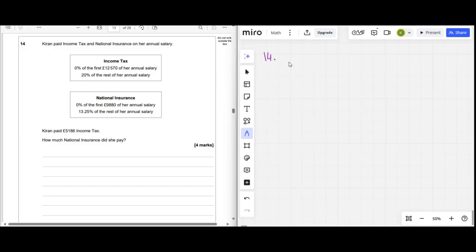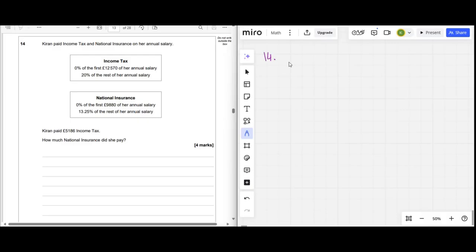14. Kiran paid income tax and national insurance on her annual salary. The income tax is 0% for the first £12,570 of her annual salary, and then there is 20% on the rest.